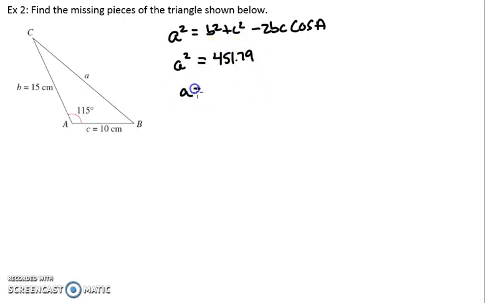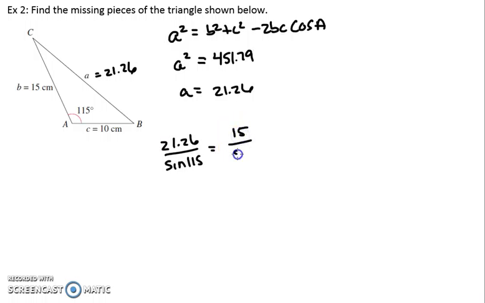And then if we take the square root, a is going to be 21.26. And now we have this pairing, A and angle A. So to find angles B and C, we can just set up our law of sines. So let's find B next.